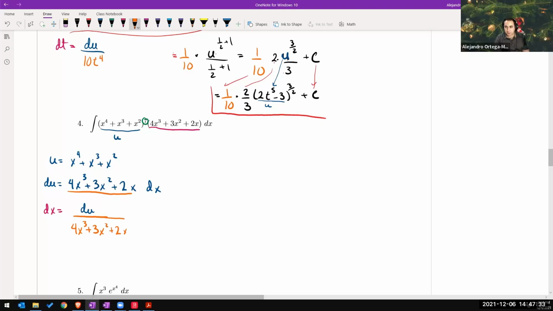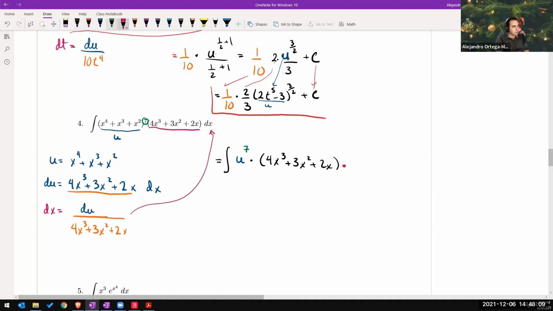Okay. So we go ahead and rewrite. Again, we're saying that the u is the x to the fourth plus x cubed plus x squared. So that replaces our u. And it was to the seventh power times the 4x cubed plus 3x squared plus 2x. Now the dx substituted here.